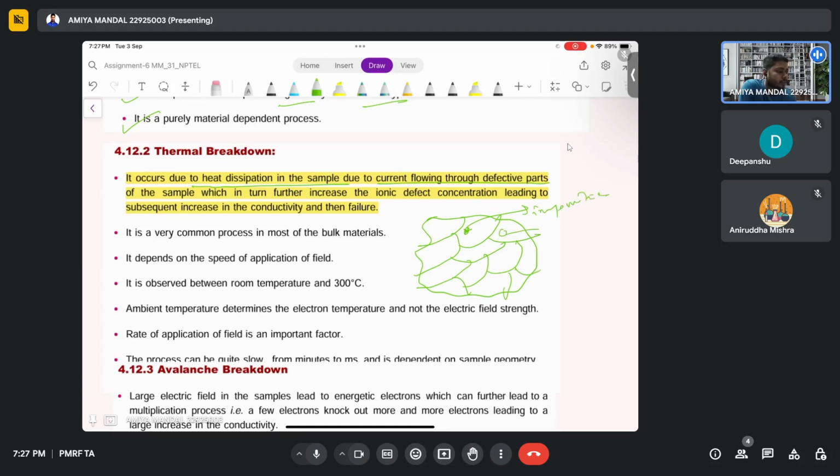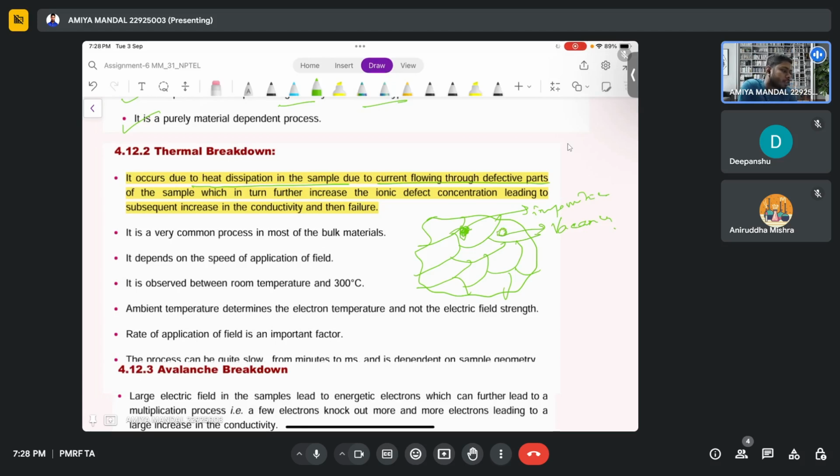There may be vacancies also. Okay. So all these considerations affect the dielectric material in the case of electric field application. So heat dissipation also occurs because of the current flowing in this defective part.